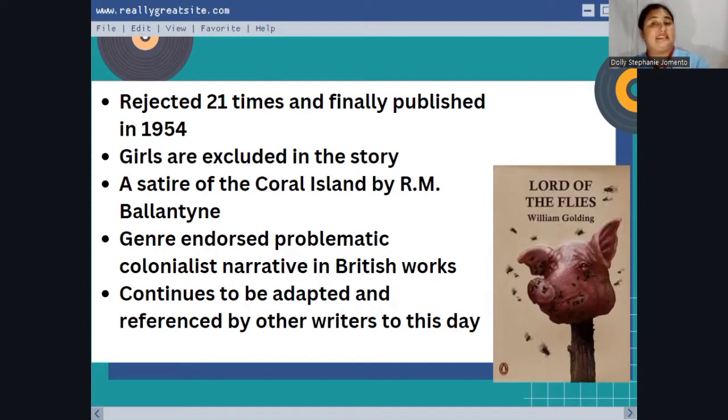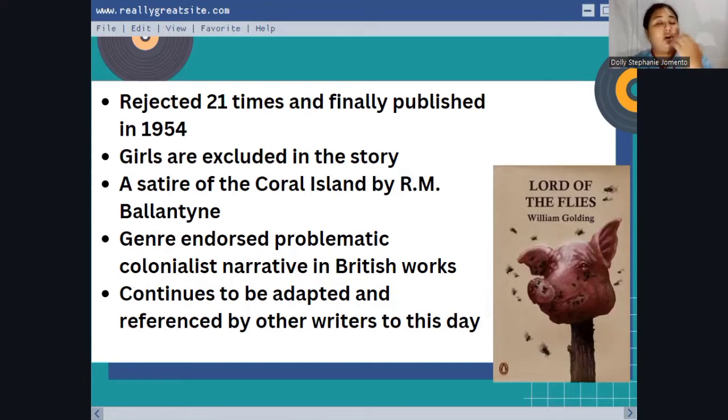Golding's satire even goes so far as to explicitly use the setting and character names from R.M. Ballantyne's Coral Island, one of the most beloved island novels. But while Ballantyne's promised reader pleasure, profit, and unbounded amusement, Golding's had darker things in store.